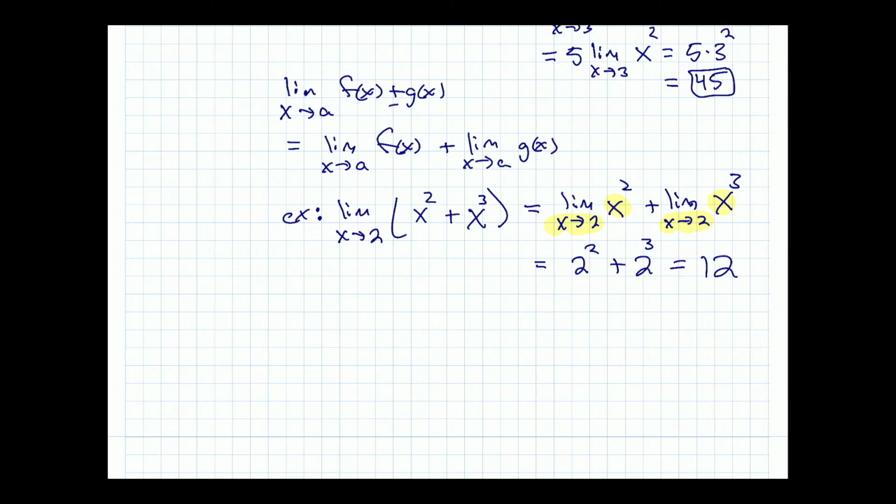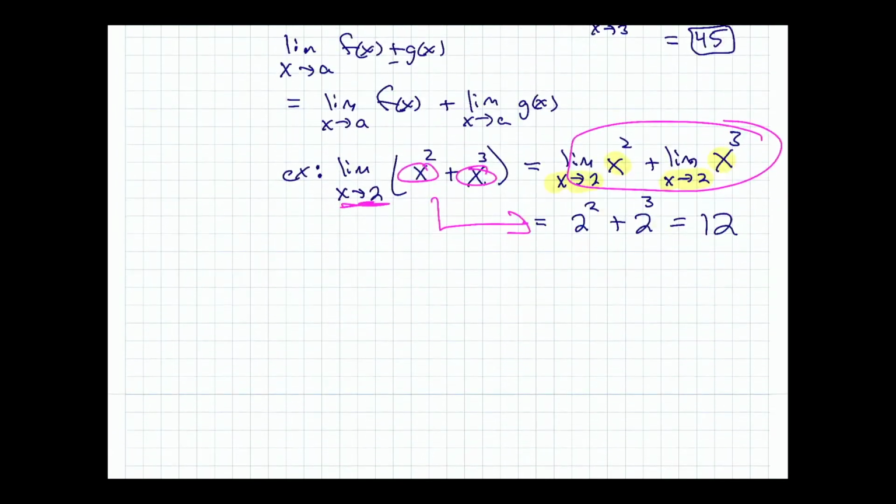Okay? But normally you're not going to write this. You're just going to go from here to here. Right? That's just a lot easier. Just put the 2 in for both of the x's. Okay? That's the way you'll apply that one.